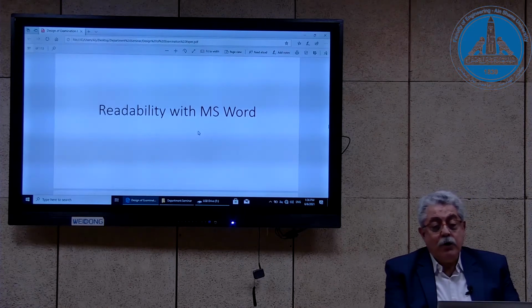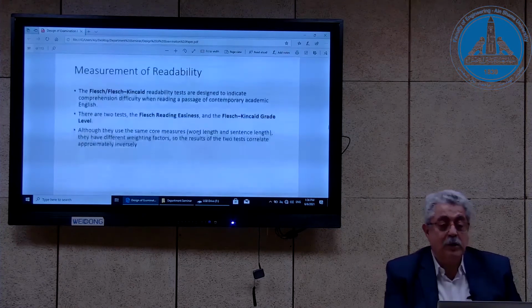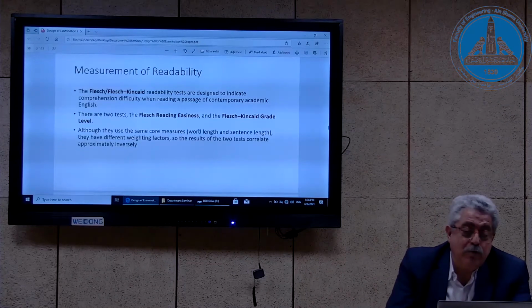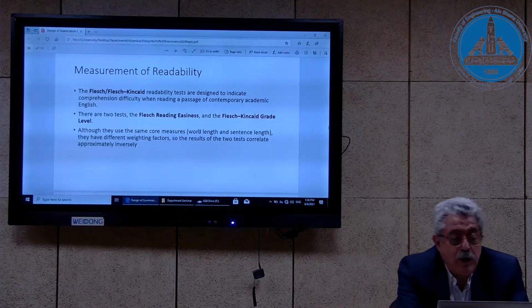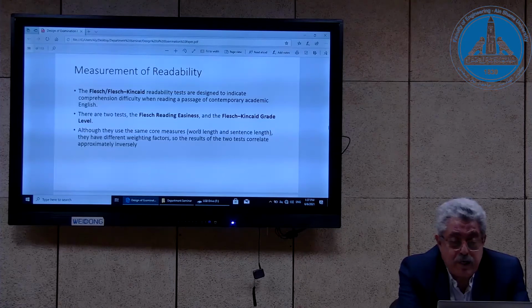Here we show you the relation between measuring readability and MS Word. Microsoft Word uses two measures to measure the readability: the Flesch-Kincaid readability tests, and there are 2 tests: the Flesch reading ease and the Flesch-Kincaid grade level.